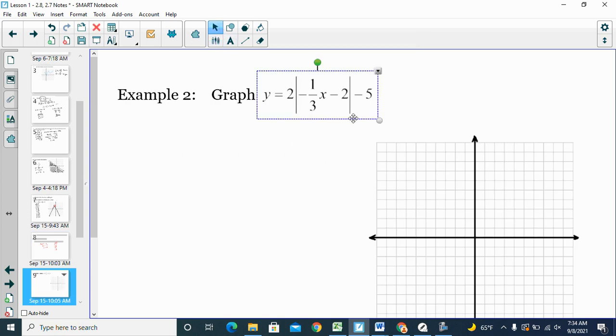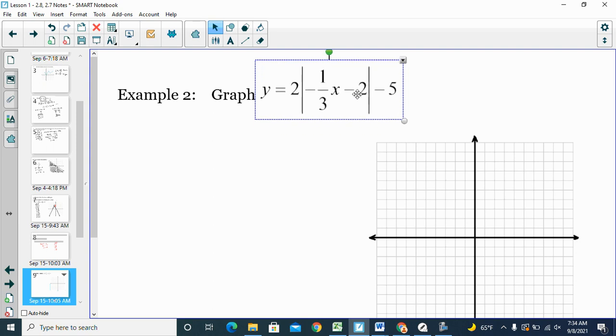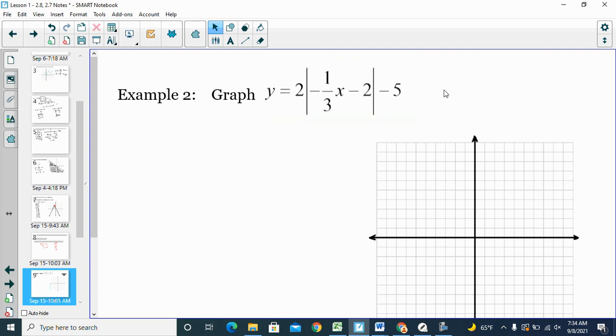Example 2 asks us to graph y equals 2 times the absolute value of negative 1/3 x minus 2, minus 5. Anytime you're asked to graph an absolute value function, we should recognize that it's going to be a V. If I'm graphing a V, the first thing we need to find is the vertex. Take what's inside the absolute value, set it equal to 0.